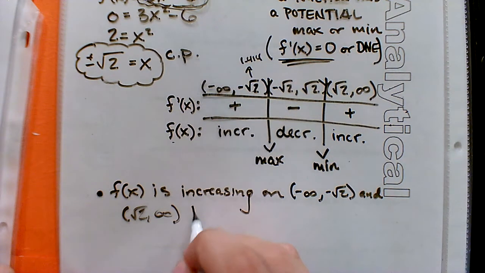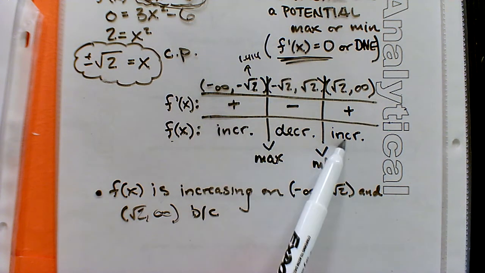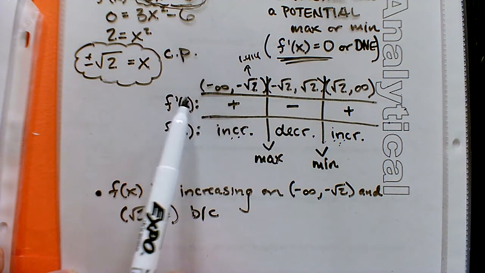Okay, we also need to justify because. How did you know f of x was increasing? What can we use as a reason? What do you think, Justin? F prime of x was greater than 0.